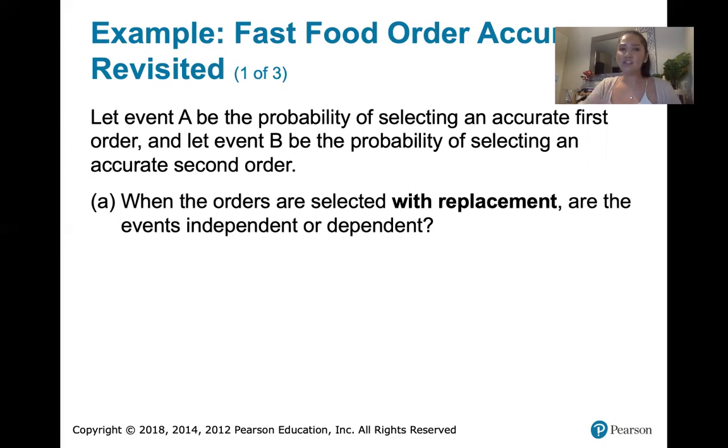Well, I would say since you're putting it back in, since you're selecting with replacement, the probability of selecting a second accurate order is not at all affected by what happened with the first order because you put it back in. The pool that you're looking at is exactly the same as the pool that you were looking at when you selected for event A. So these events are independent.